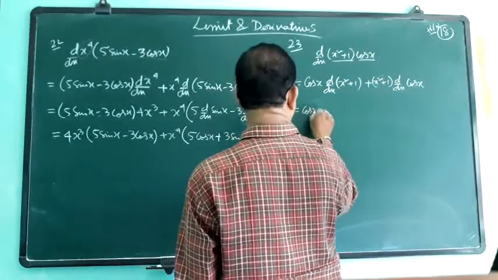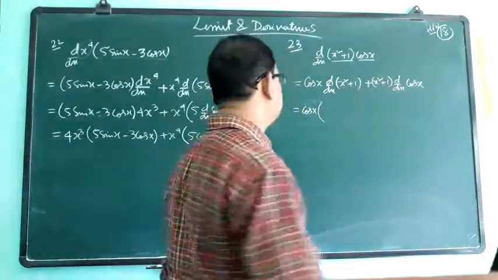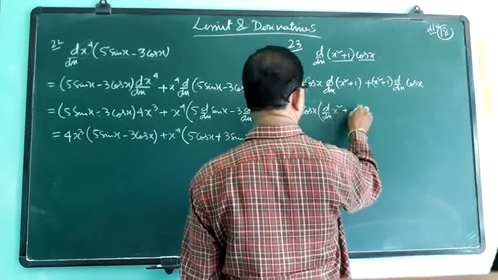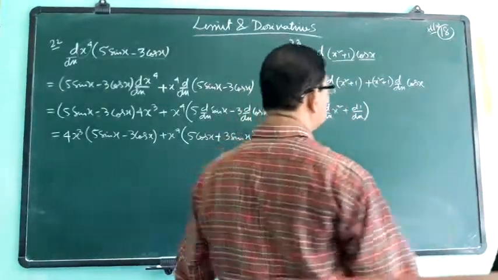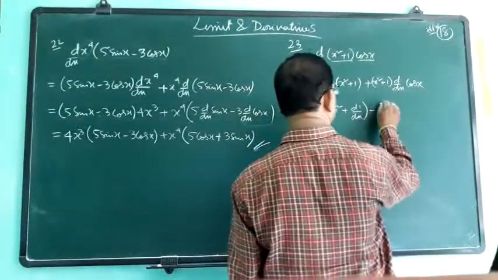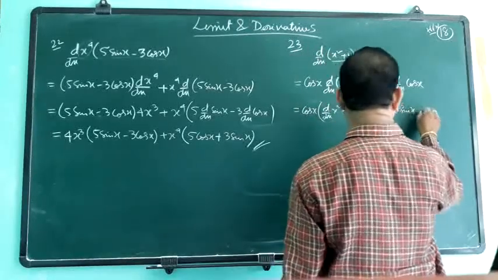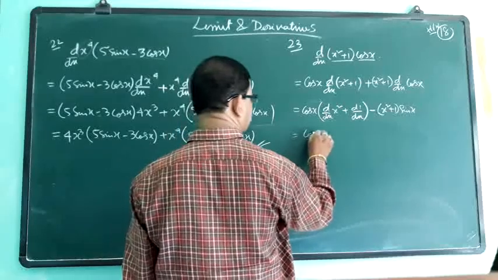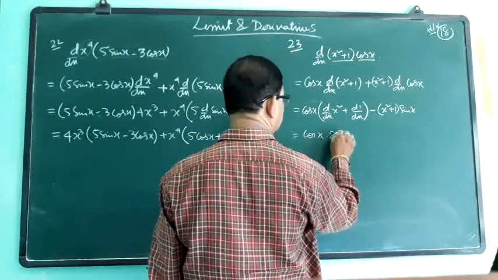Now cos x, here if we want to differentiate that one, it will be d/dx of x square plus 1 with respect to x. Differentiation of cos x is minus sin x, so we can write minus x square plus 1 sin x. So we get cos x, and this one if we differentiate, it will be 2x.